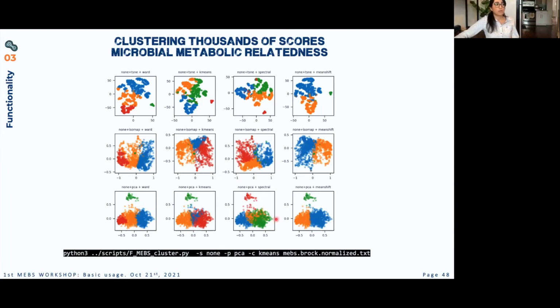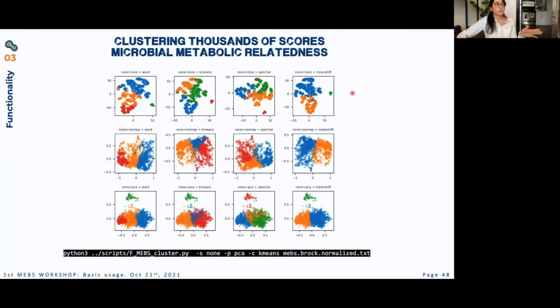So you can use that information that is already in MEBS, and you can use this script with any type of data you have. And it's really powerful because it allows you to visualize your data set in 3 different ways with different projection methods. We have Isomap. Here I have the projection of Isomap. Here we have t-SNE. And here we have a PCA, which is the most commonly used. And here we have the 4 clustering methods.